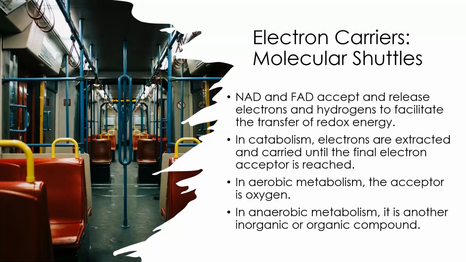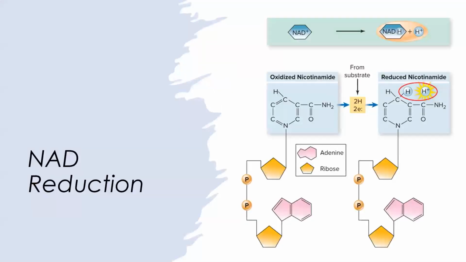That final acceptor in aerobic metabolism is going to be oxygen. So aerobic, think aerobes, air, oxygen. If it's an anaerobe, it will be some other inorganic or organic compound. But if it is aerobic, it's going to be oxygen.